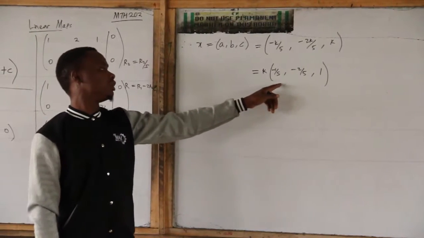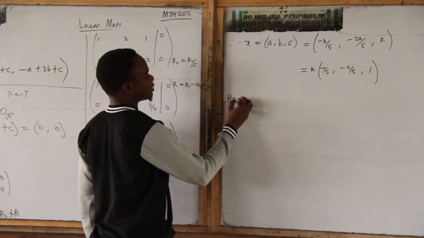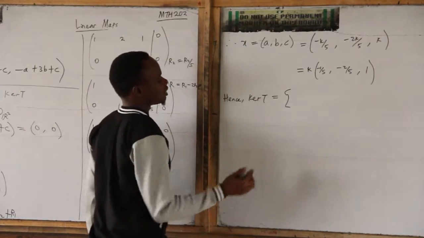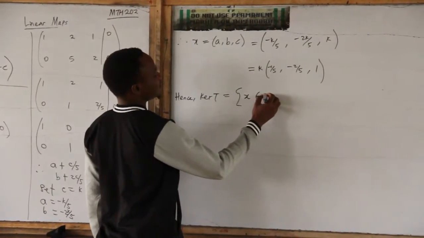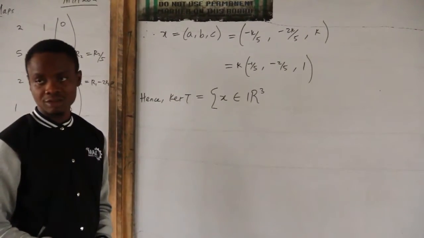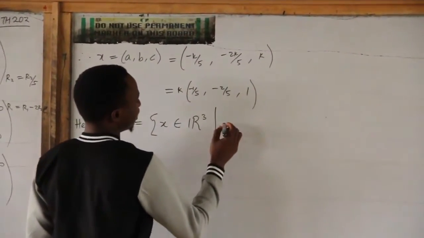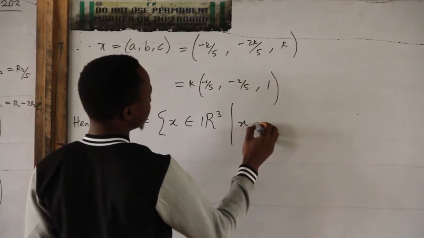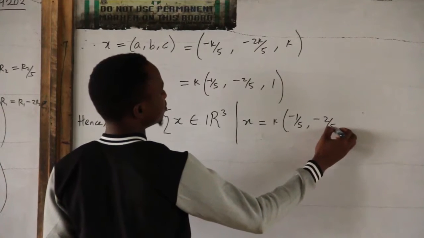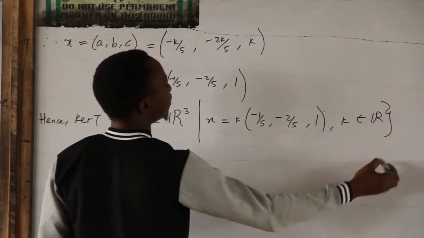Alright, so this is going to give us our T. So you can now write that T is a vector space that contains elements X that belong in R3. That is, they are three-dimensional vectors. Is that clear? Such that X is equal to K into minus 1 over 5, minus 2 over 5, 1, and K is any real number.